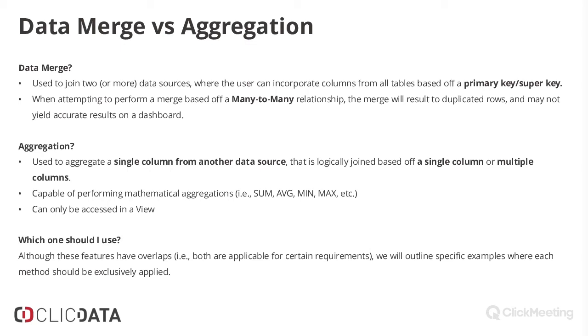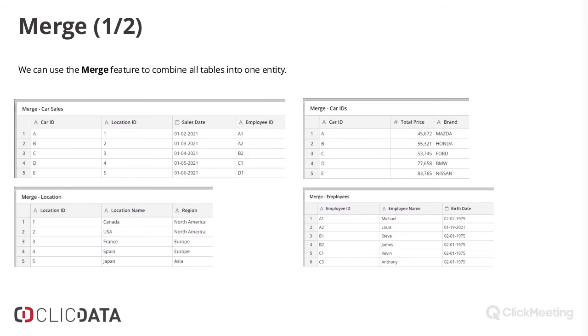So sums, averages, minimums, and maximums, etc. And so which one should you use? Yes, they do have overlaps, but for this webinar, we will outline specific examples where each one should be exclusively applied.